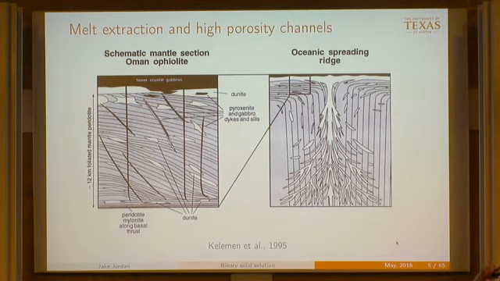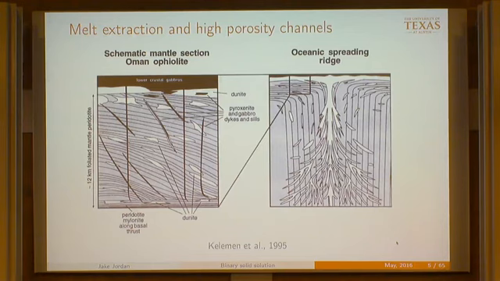So as I said, this entire study is motivated by this observation of channels in the mantle. Here from the Kelemen 95 paper, we've got a schematic box of the Oman ophiolite.